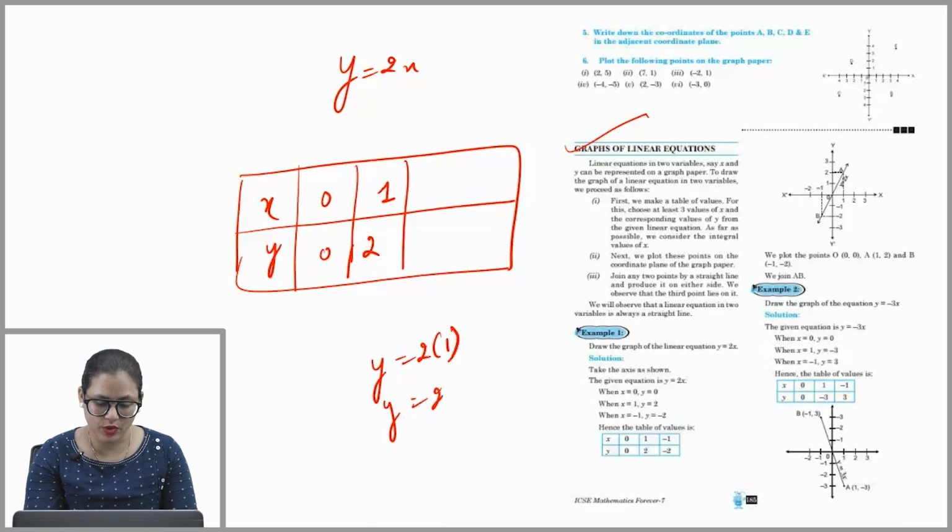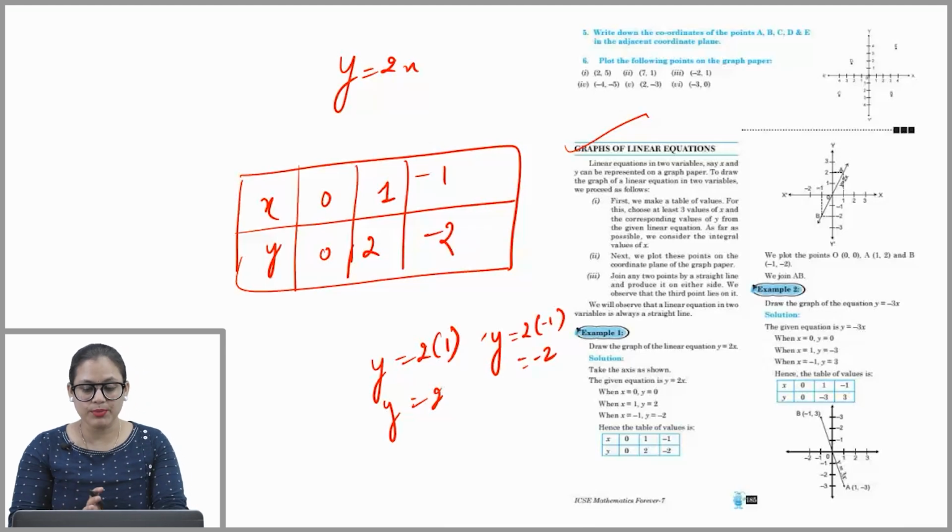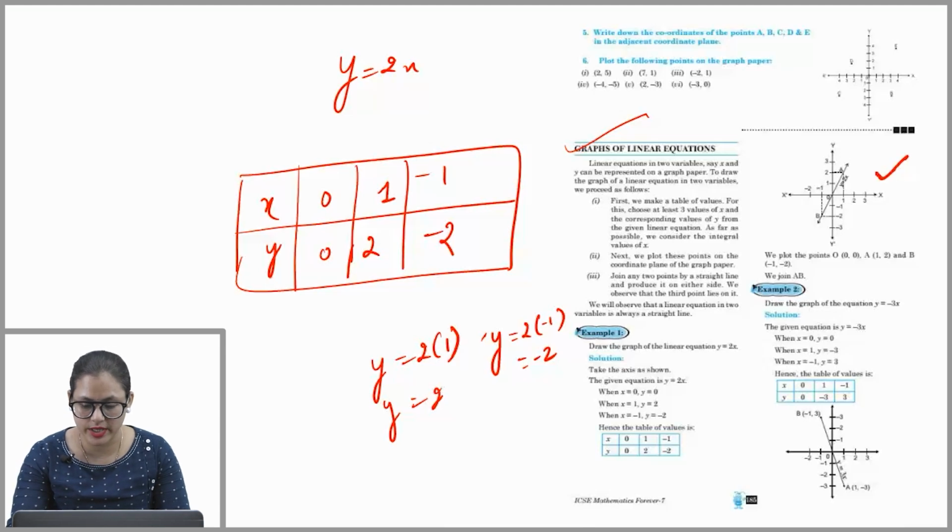Let's put the value of x as minus 1. Then the value of y is 2 into minus 1, that is minus 2. Now we can plot the graph, and your graph will be like this. A linear equation in two variables is always a straight line.